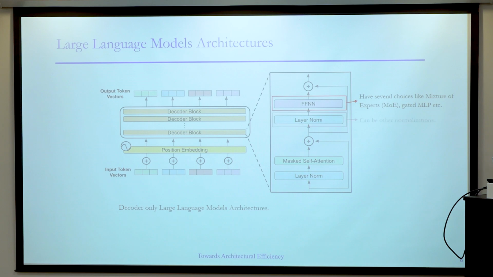For the feed-forward neural network or MLP layer, we have several other choices like mixture of experts or gated multi-layer perceptron layers. And you can also switch layer norm to other kinds of normalization techniques. And of course, for self-attention, there are also other choices like group query attention, latent attention, and you can even replace self-attention with a recurrent neural network.